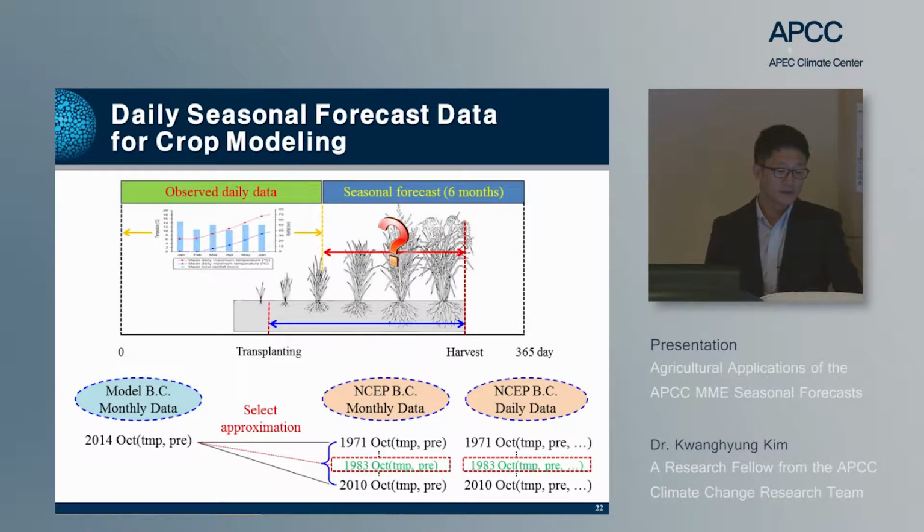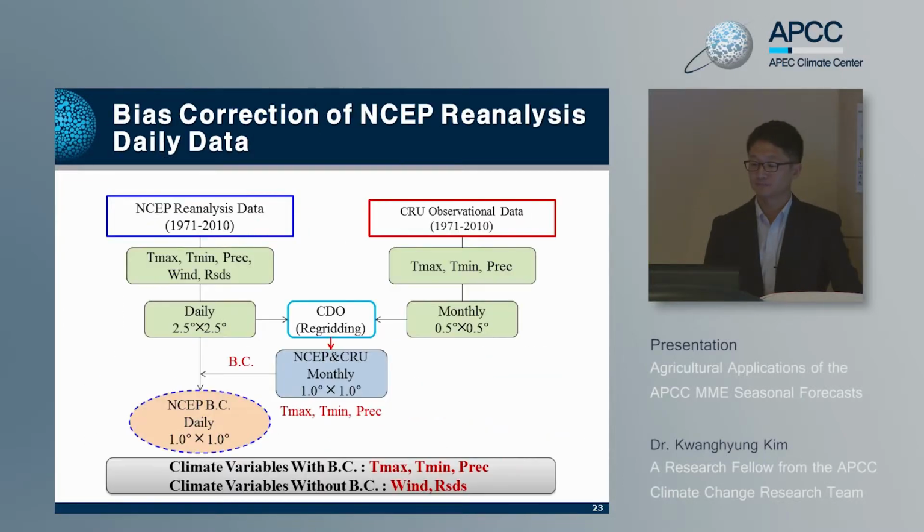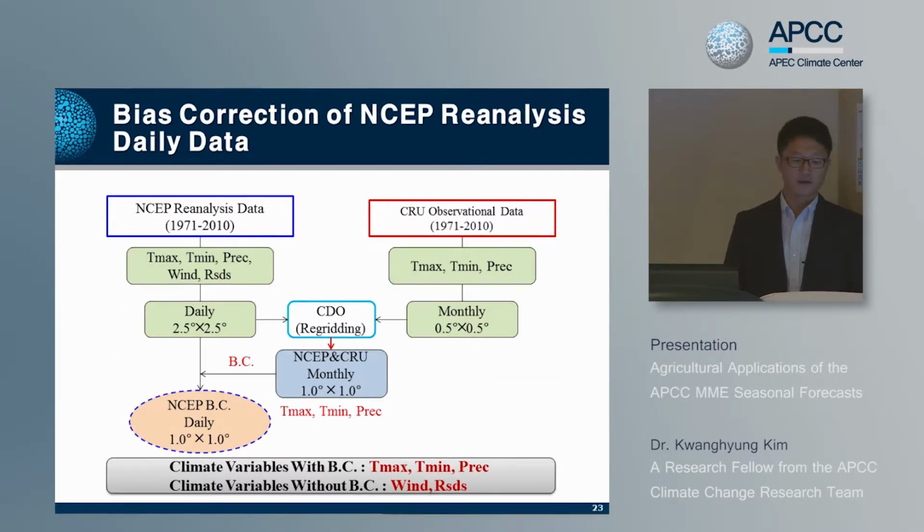Generating observed data and also downscaling seasonal forecast data requires a series of downscaling processes, such as bias correction and regridding and so on. For example, in order to use the NCEP reanalysis data, we do not want to use the reanalysis data as it is. Like Dr. Dewey said this morning, it's a similar concept to the ECMWF downscaling method.